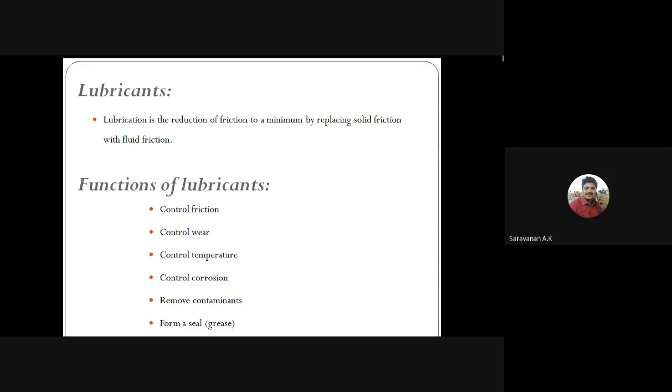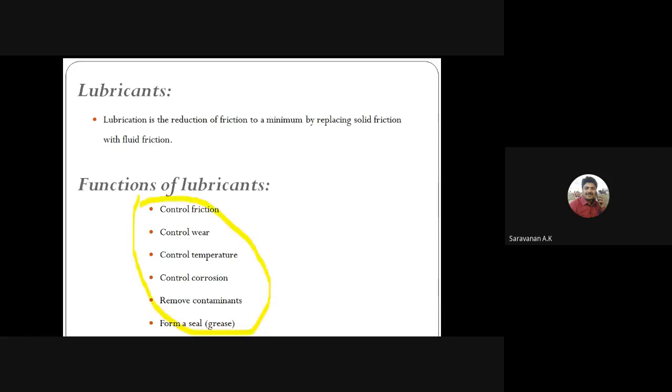So the selection and the application of the lubricant are determined by some functions that it may be expected to perform well. What are the functions? These are the functions you can see here.